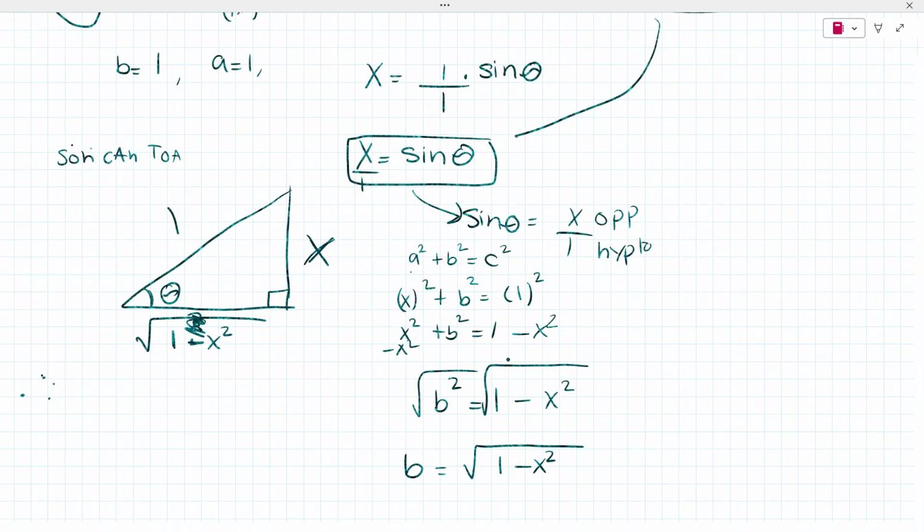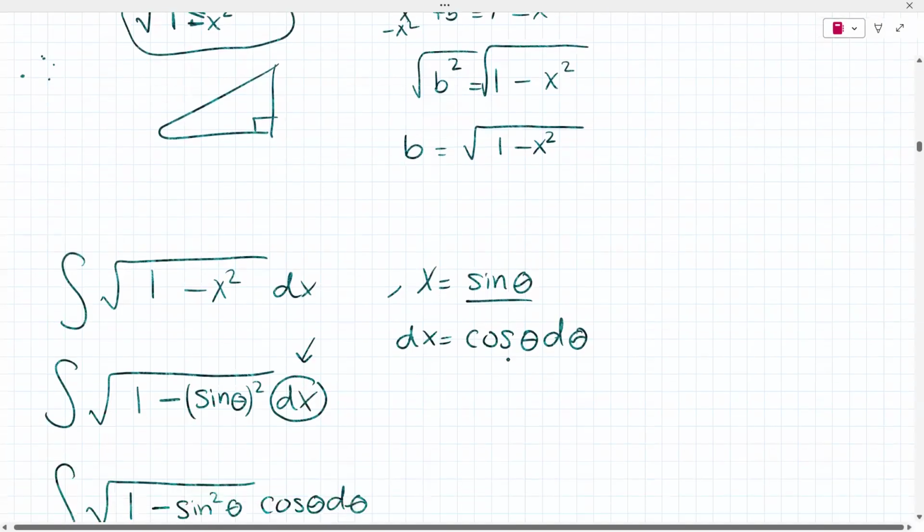You can draw it this way, or you can also draw the triangle this way. Either way works. The opposite side is x, and the hypotenuse is 1. Then I find this missing side length using the Pythagorean theorem, which gives the square root of 1 minus x squared, right?